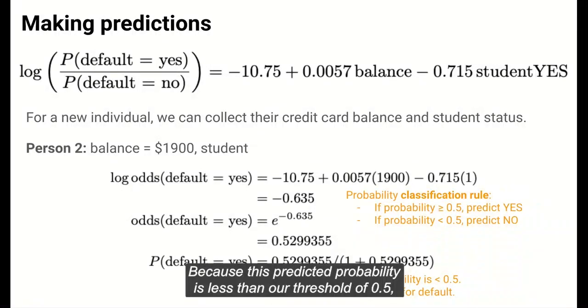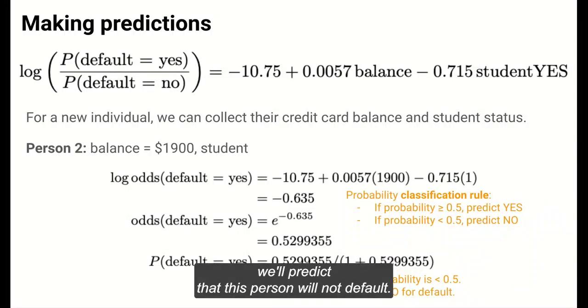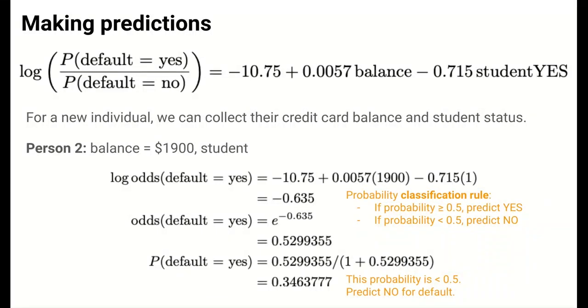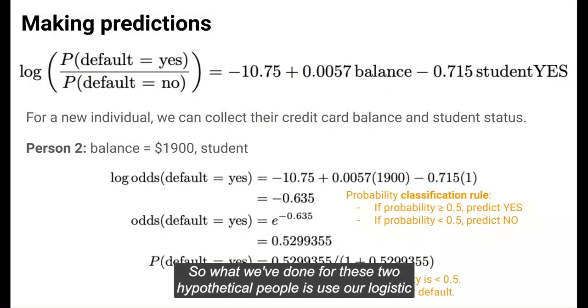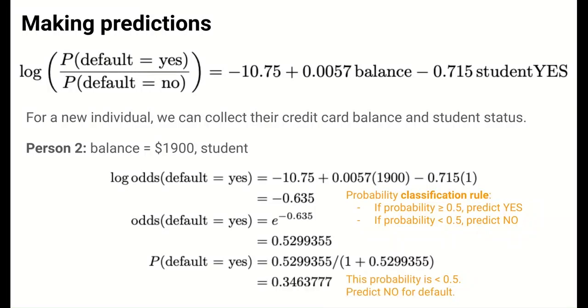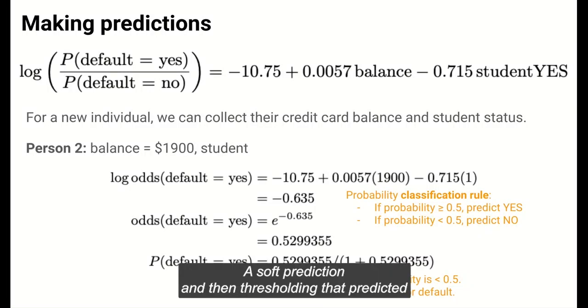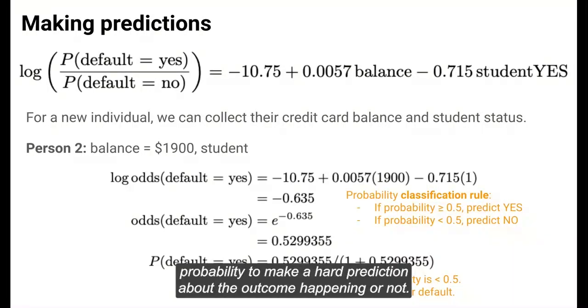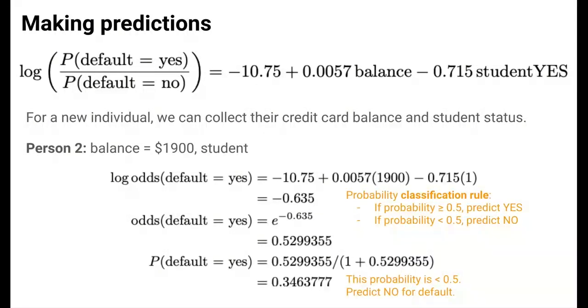Because this predicted probability is less than our threshold of 0.5, we'll predict that this person will not default. So, what we've done for these two hypothetical people is use our logistic regression model to predict a probability of the outcome of interest happening, a soft prediction, and then thresholding that predicted probability to make a hard prediction about the outcome happening or not.